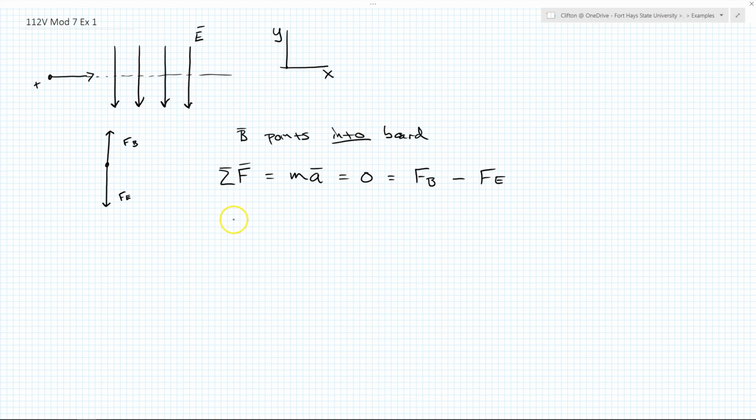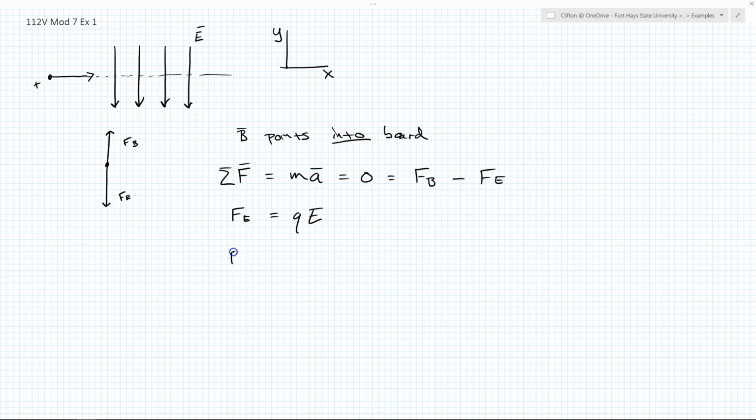For the electric force, we know that the force exerted on a charged particle is just Q times the electric field magnitude. So this is the magnitude of the electric force. We don't know what this charge Q is yet, but let's just write down Q as a placeholder. It's going to cancel out, so it won't end up in our final answer. If we got to an answer that had this Q in it, then we would know that there was some other piece of information that we would need to bring in order to remove the Q from the solution.